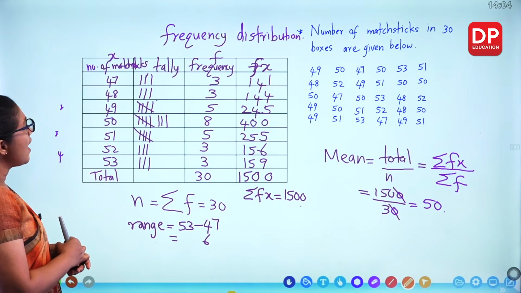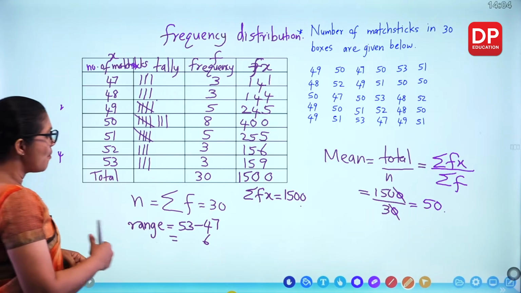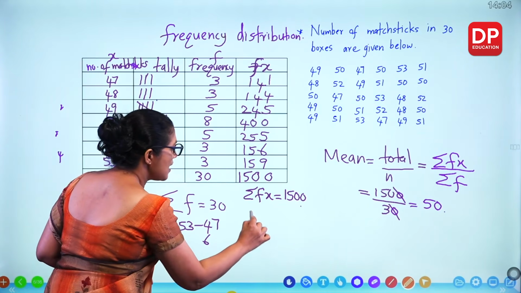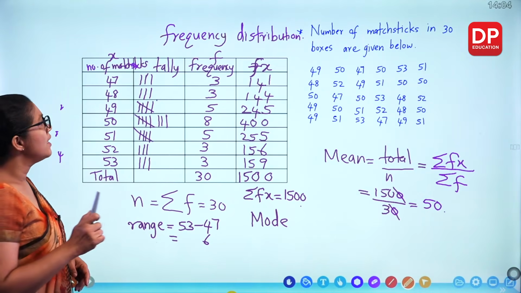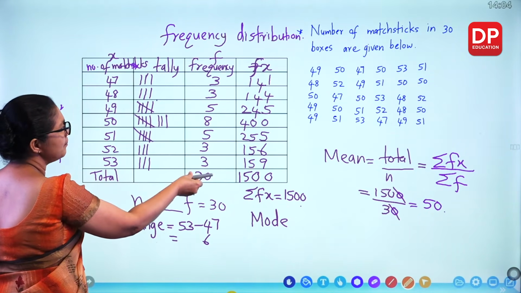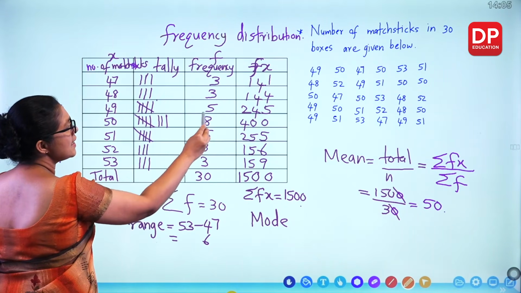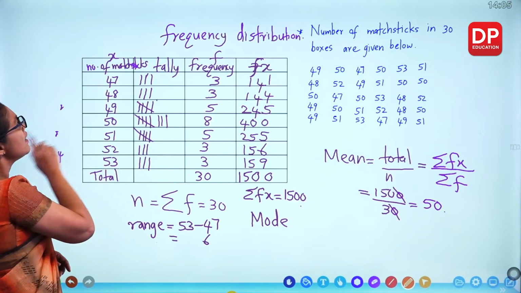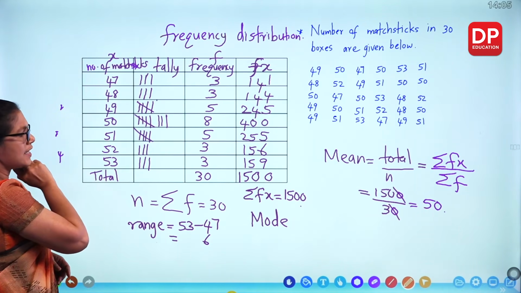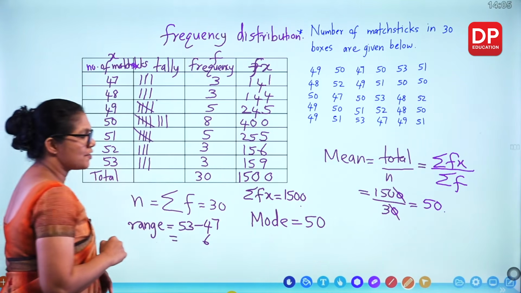And if I ask what's the mode value of this data set? Mode is the most frequent number. Look at the frequency column. Find out where you get the highest frequency. 8. So related to 8, what's the x value? 50. So the mode value is 50.